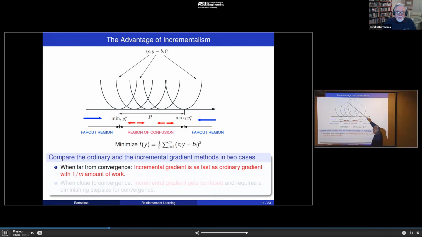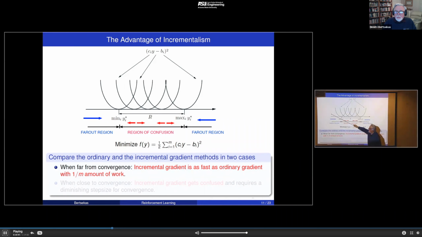The ordinary gradient method operates on the basis of the overall function. So if it starts over to the right, it moves in that direction, towards the minimum. If it starts on the left, it moves in the opposite direction, again towards the minimum. Now the incremental method picks one of those quadratics, and if it happens to be to the right, it moves in the same direction as the ordinary gradient. They would be doing roughly the same things.